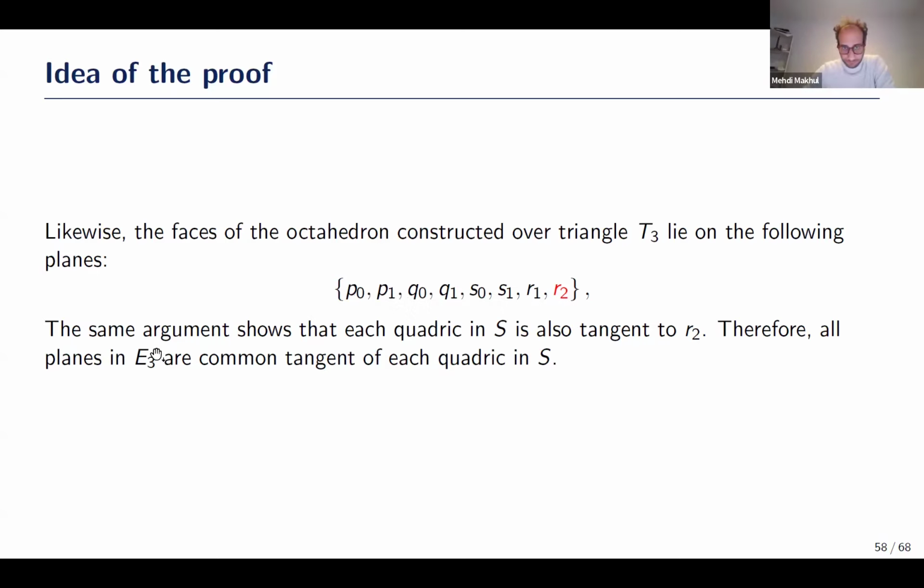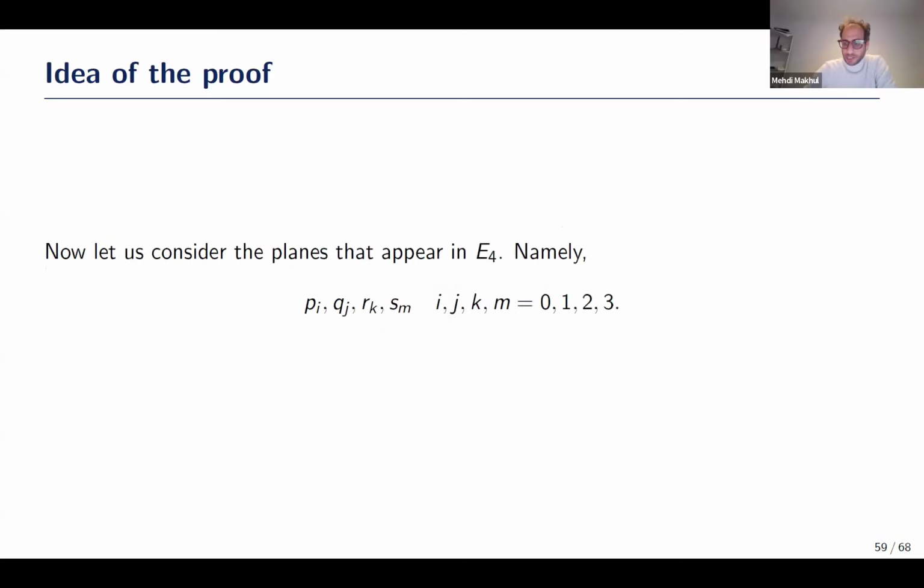Therefore, by the Cayley-Octa theorem, it must be tangent to R2 as well. So now I have proved that every plane in E3 is a common tangent to the quadric surfaces in S.